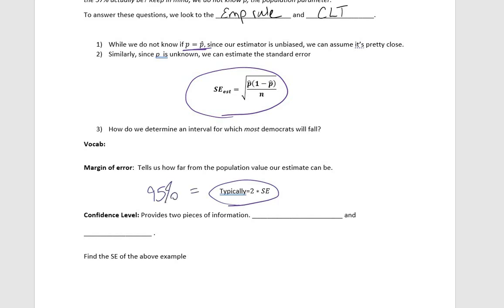Now the confidence level is going to provide you with 2 pieces of information: the interval and the percent chance p is on the interval.